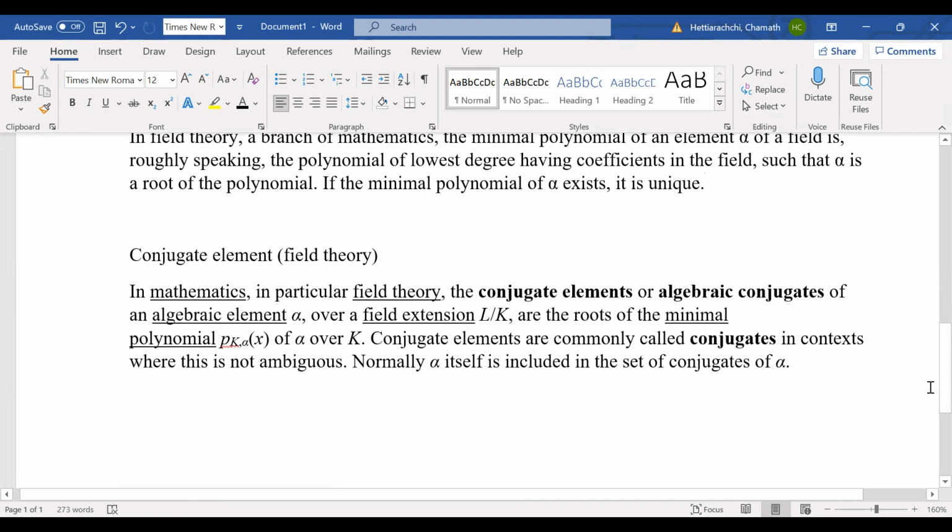In mathematics, in particular field theory, the conjugate elements or algebraic conjugates of an algebraic element alpha over the field extension L over K are the roots of the minimal polynomial of alpha over K. That means if we take the roots of the minimal polynomial for alpha, all the roots are going to be conjugates. So alpha itself is a conjugate.